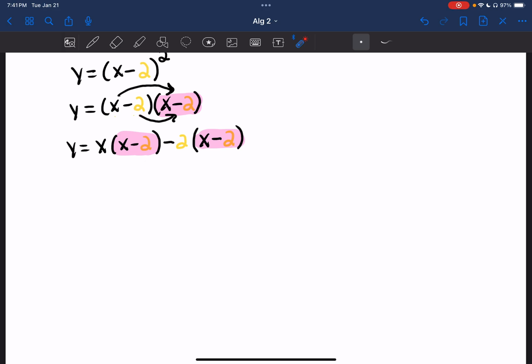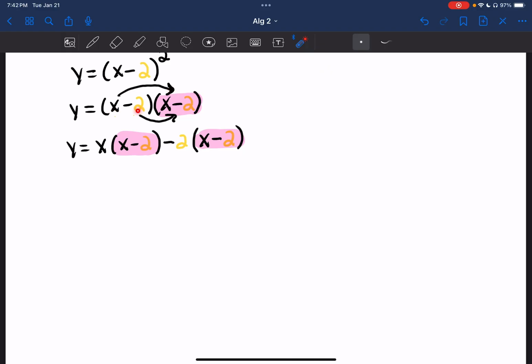You can think about it like, imagine if this expression were two people in a car going to a party, and this expression was also two people in a car going to the same party. At the party, everyone needs to say hi to everyone else who they didn't drive with.